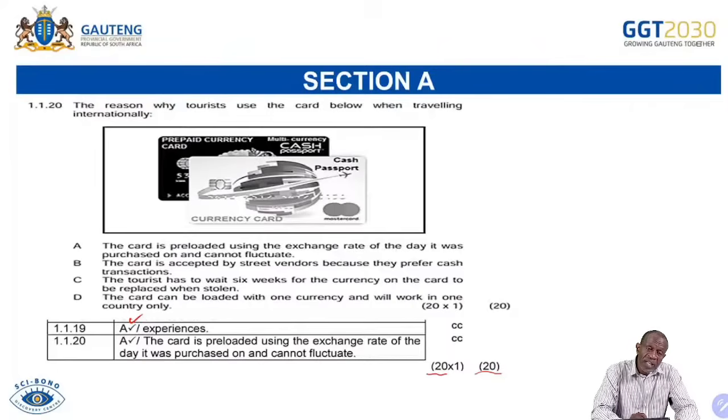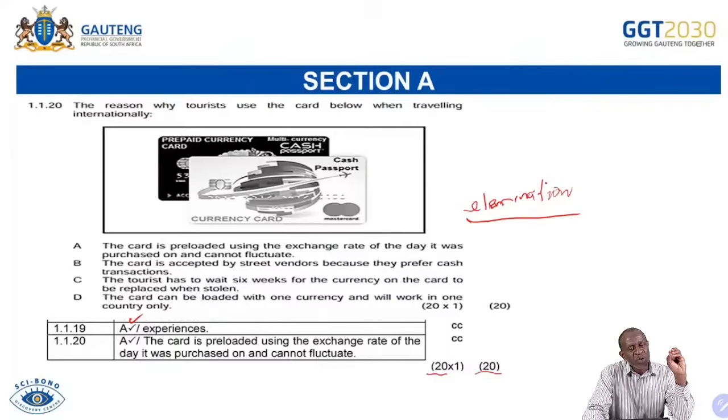Grade 12 learners, you need to eliminate the obvious wrong answers. So the first method, when you approach a multiple choice question, apply the method of elimination. It means you do away with all answers that do not fit. You do away with all the distractors that you find in this question.